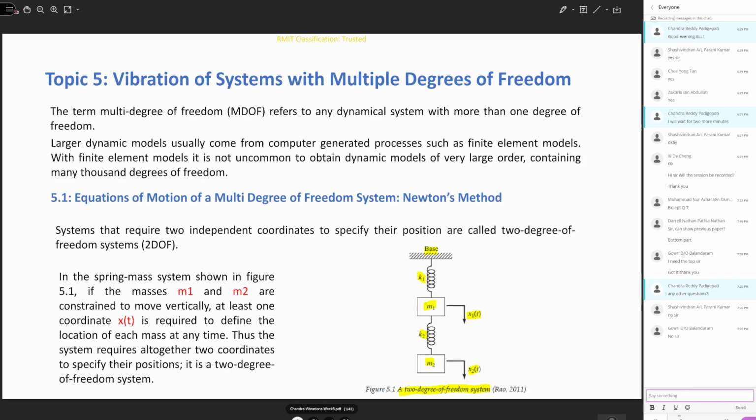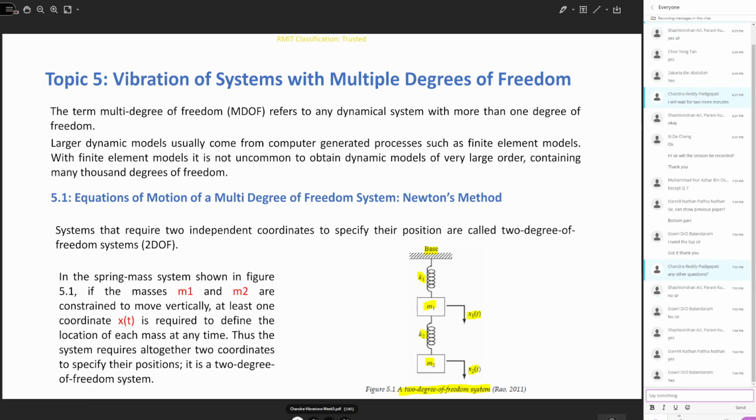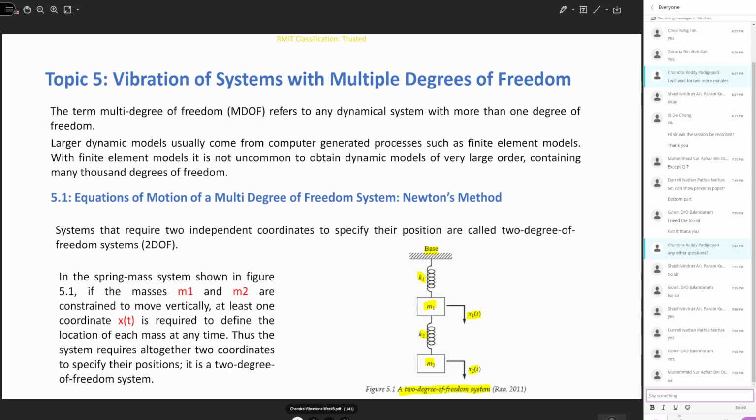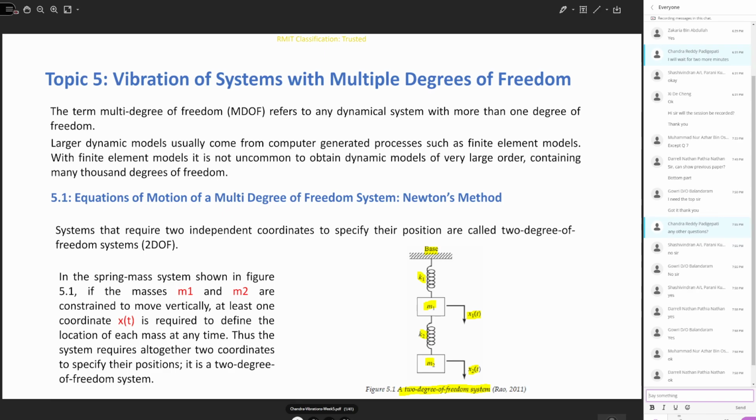Guys, can you hear me? Give me a minute. I think there's some problem with the camera. So what I do is I just log off and log in again. Okay, so I would like to write the relevant formulas for them.